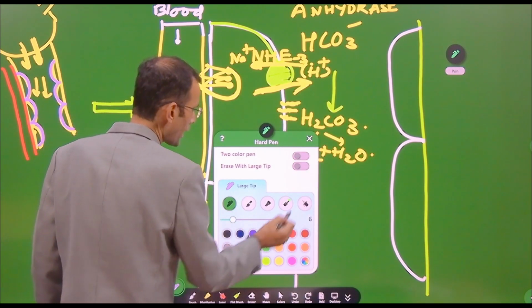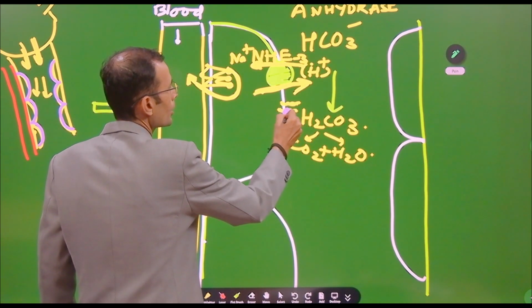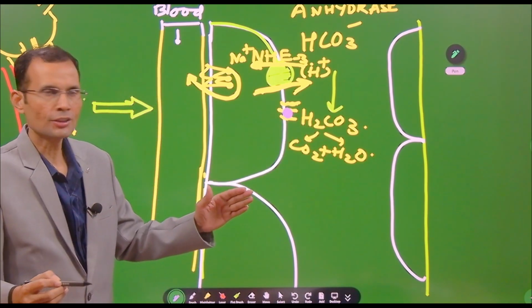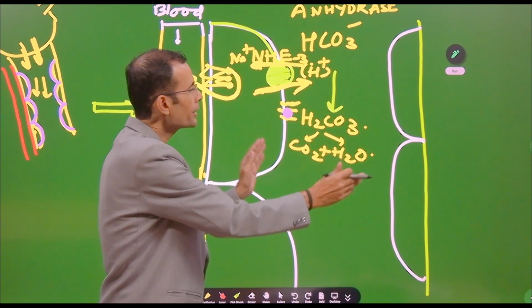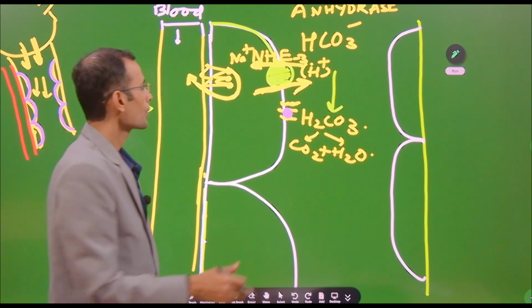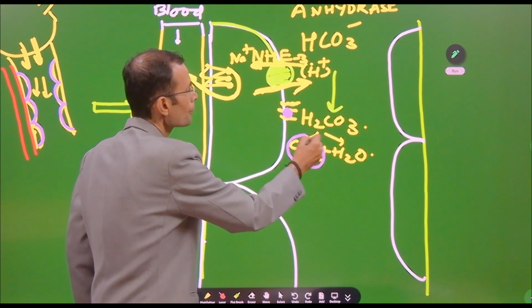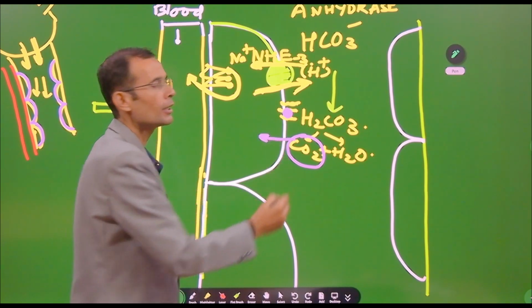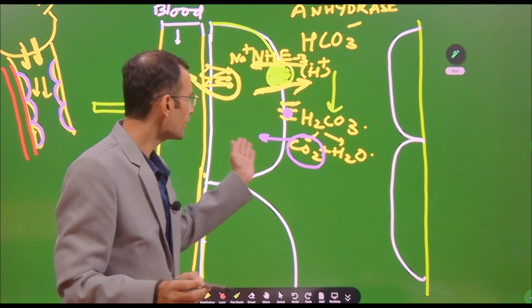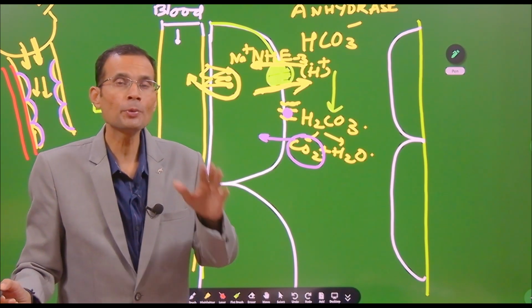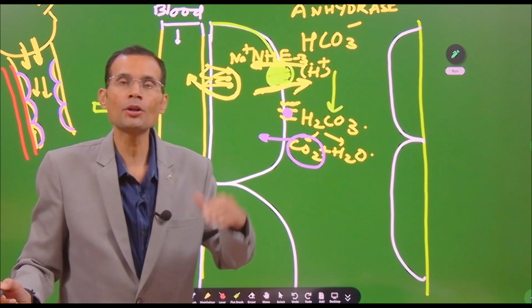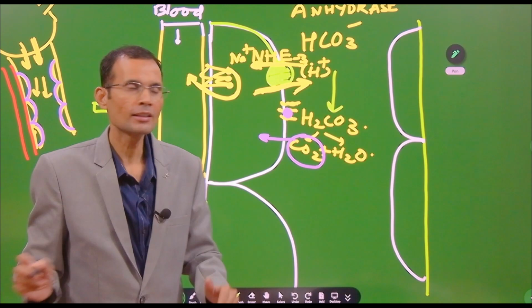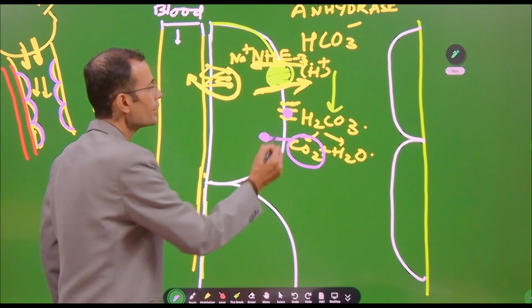So the carbonic anhydrase enzyme will act in this reaction, the formation of H2CO3, which is going to split into CO2 and H2O. Now the CO2 will be entering the cell. CO2 being in the non-ionic form, being more diffusible, is now going to enter the cell easily.